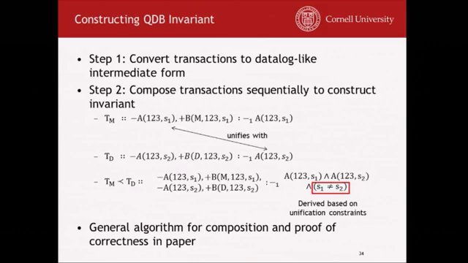Now, this, of course, is a simple example of how we do this composition. We have a general algorithm for composition and proof of correctness in the paper, but I won't have time to go into that in this talk. But I'm happy to talk about it later offline.